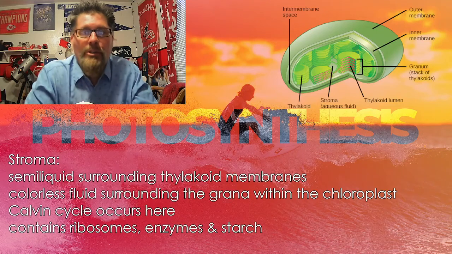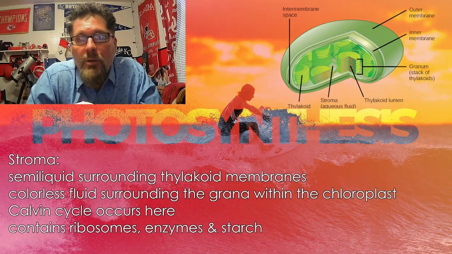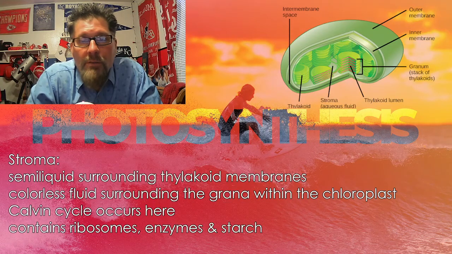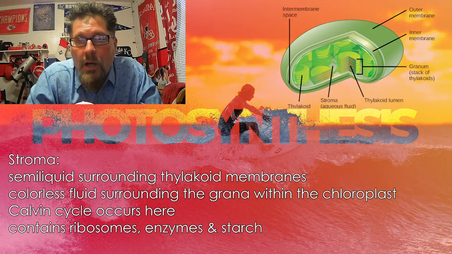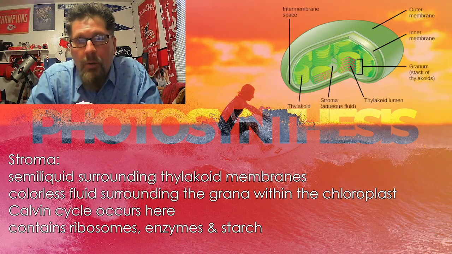But not only does it house the Calvin cycle, it also contains some things that help with that. It contains some ribosomes. So if it's got ribosomes, you know it's making some proteins. The enzymes that are needed for the Calvin cycle are there as well. And of course, if you're going to need energy to do this, it's got some starch in there as well that can be broken down and used for all this.